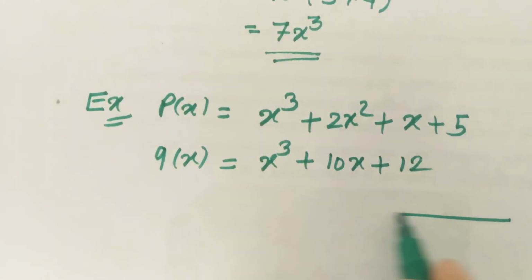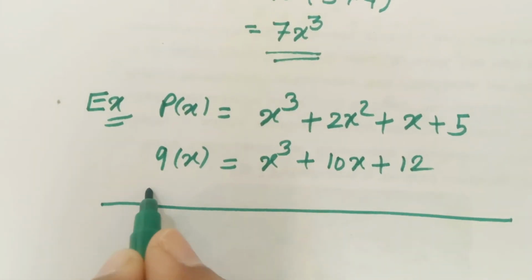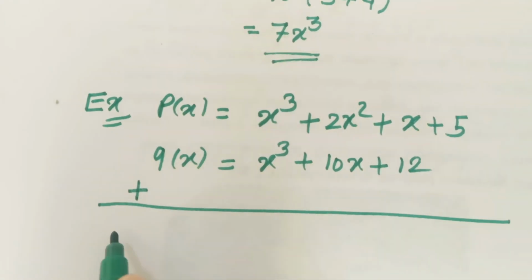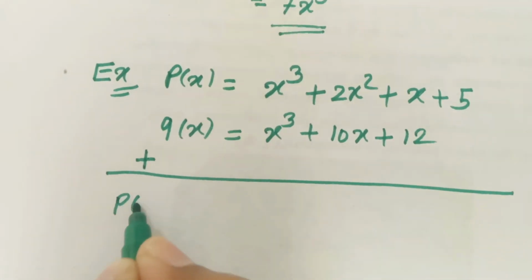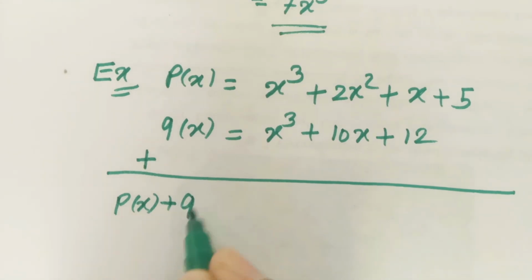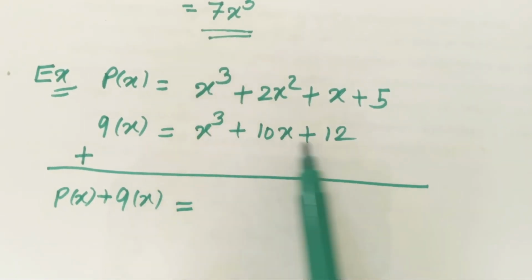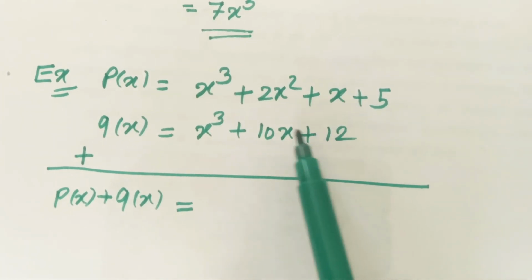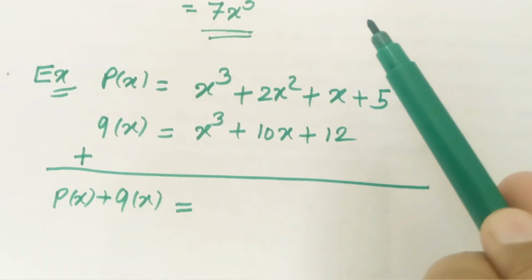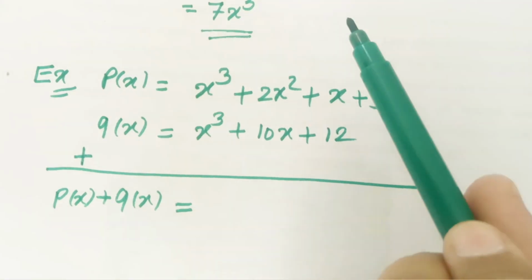Now again you have to add these two polynomials. Then here the left hand side is p of x plus q of x. We want to add a polynomial containing 4 terms and this polynomial containing 3 terms. But still the process of addition of two polynomials is the same.